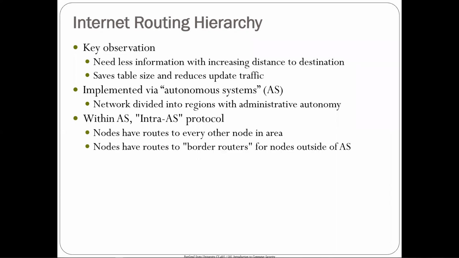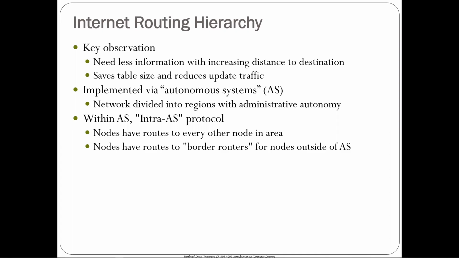Okay, so the idea of the hierarchy is that we have these ASs, and within the AS you run a full-on routing protocol. This is called an intra-AS protocol, where every node in the AS knows every other node in that AS, and then the routing operation happens within it.